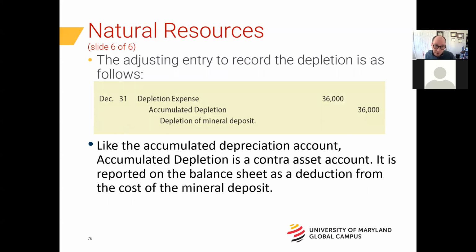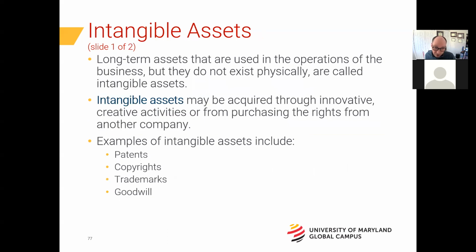And the adjusting entry at the end of each year is debit depletion expense, credit accumulated depletion. So even companies that extract natural resources from the earth, like oil, natural gas, water, lumber from trees, and so forth, use a very similar method to what we would use in depreciation.